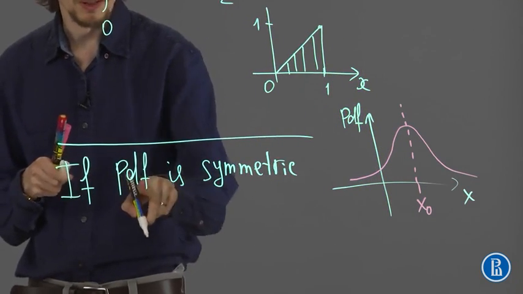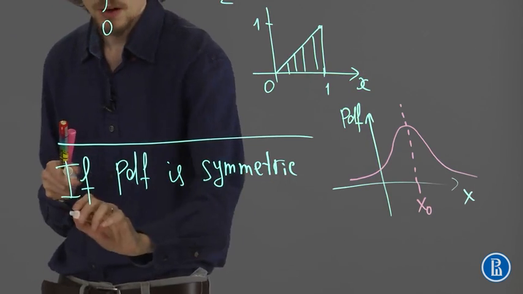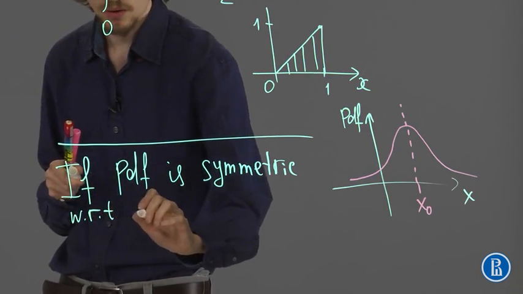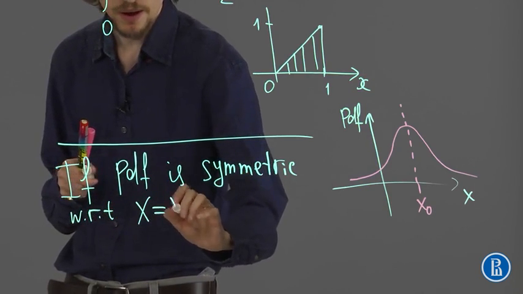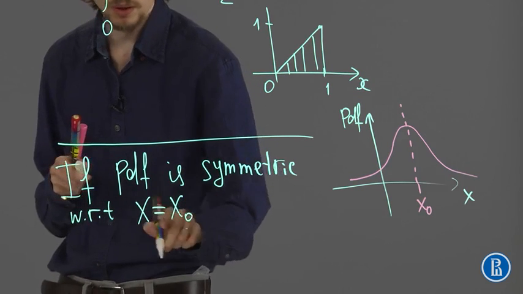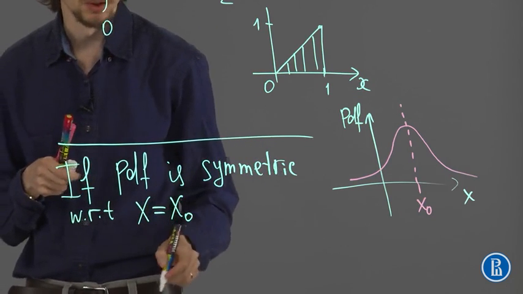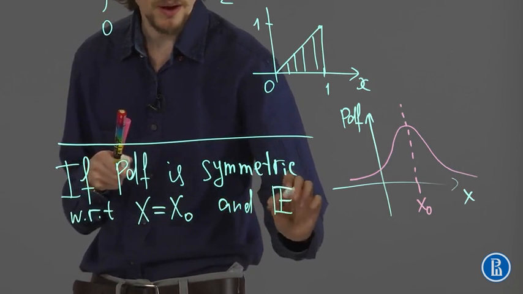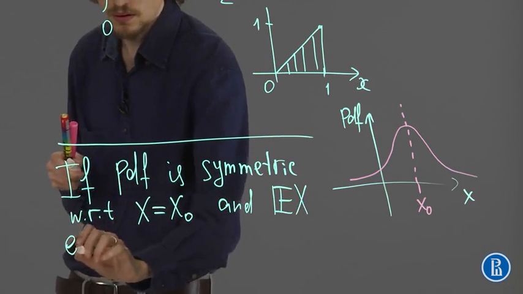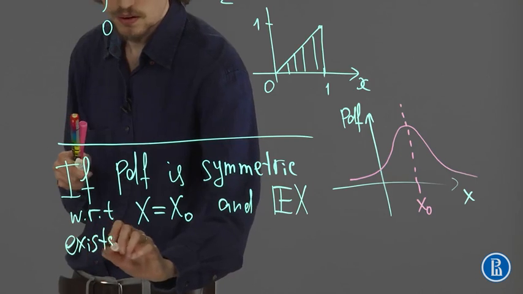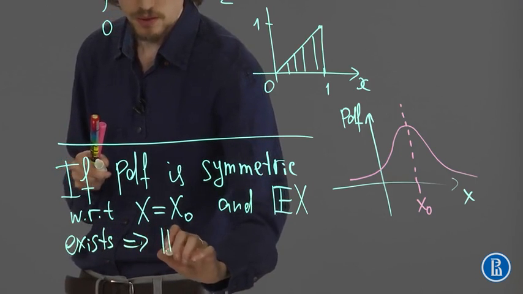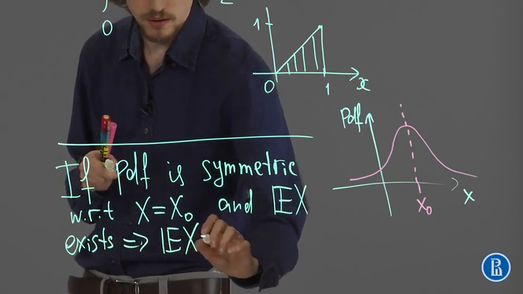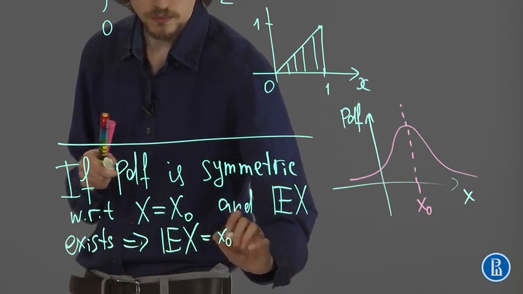If probability density function is symmetric with respect to the vertical line x equals x naught, and expected value of x exists, then expected value of x is equal to x naught.